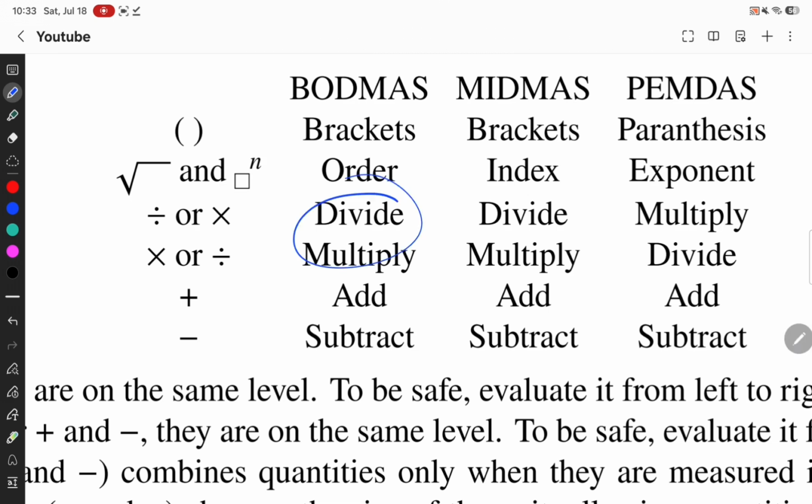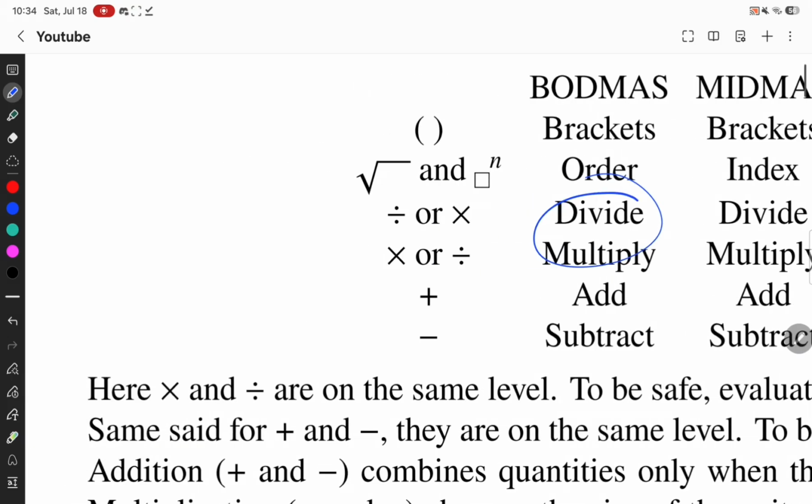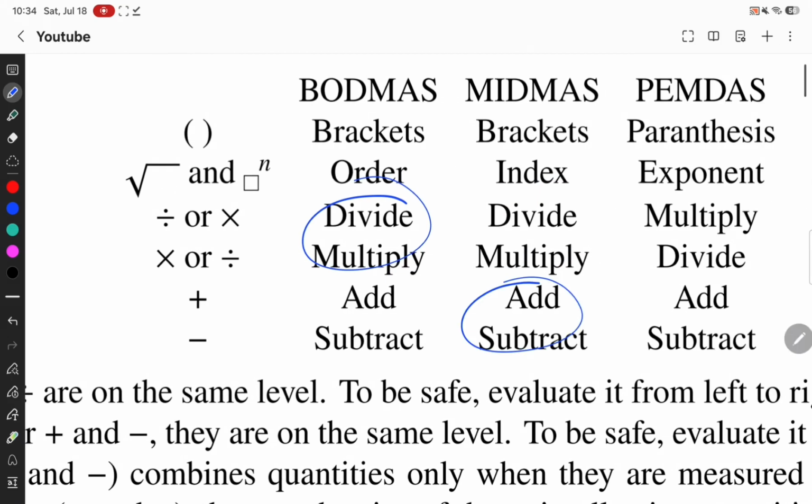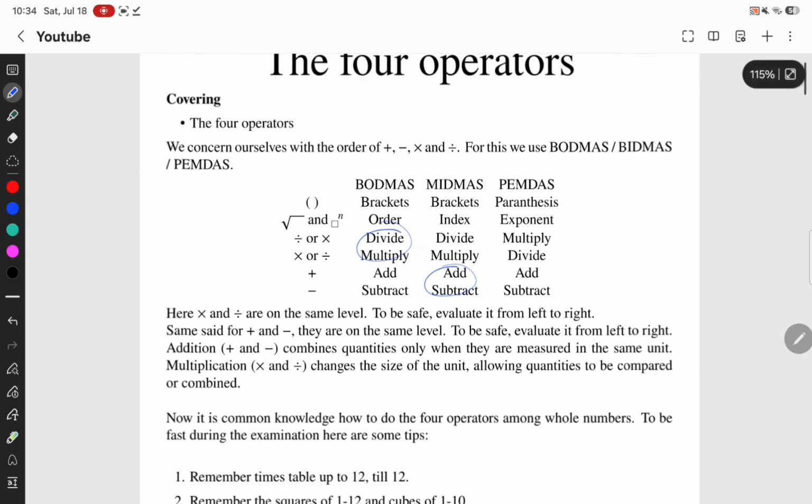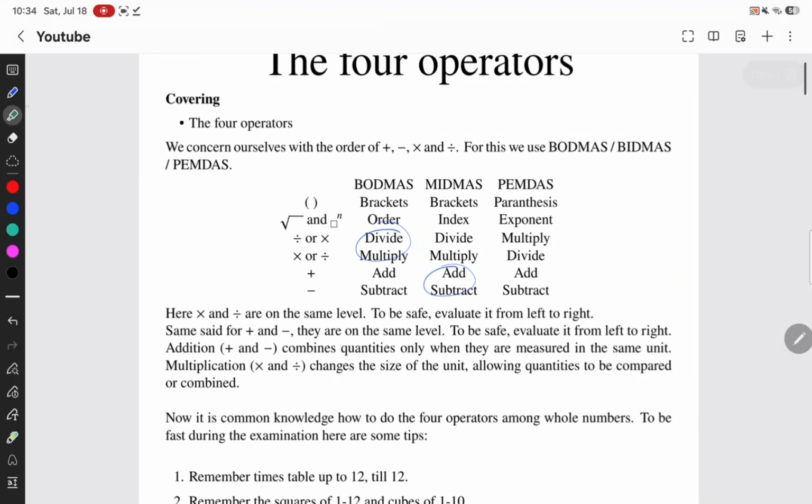Next is divide or multiply. In PEMDAS it is multiply, divide; in BODMAS it is divide and multiply. Now, why are these two together and why are these two together? In this paragraph, you can pause to read it if you want.